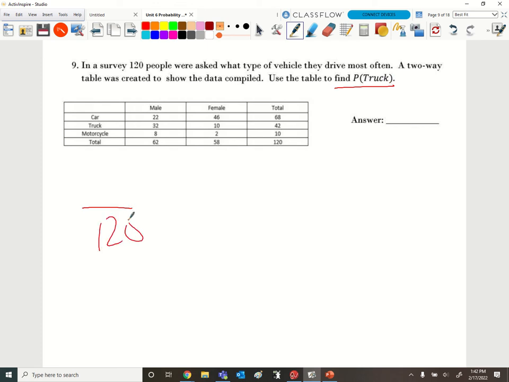And of truck, what's my total truck? Total truck is there, and my 120 is there. It's that easy. Do it. 0.35. Point what? 35. You people agree?